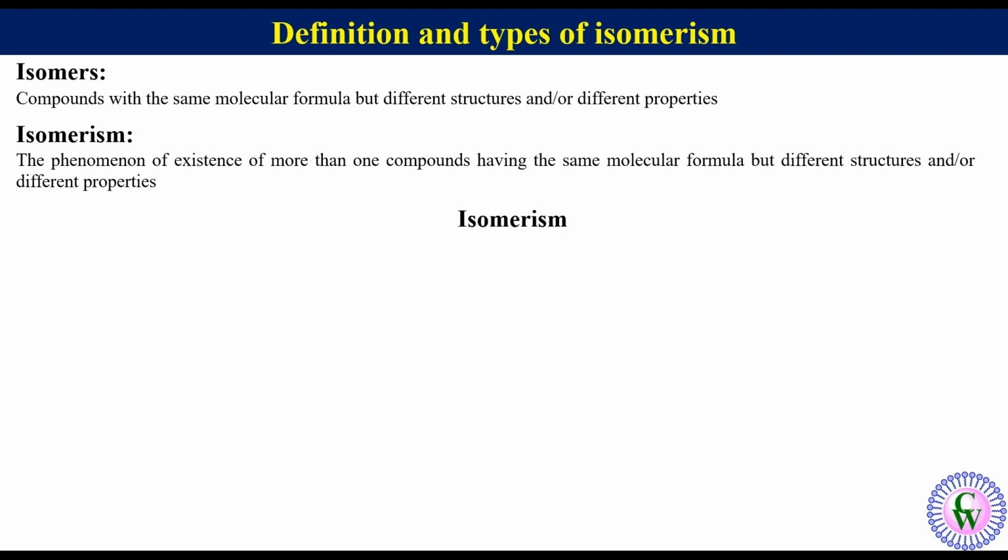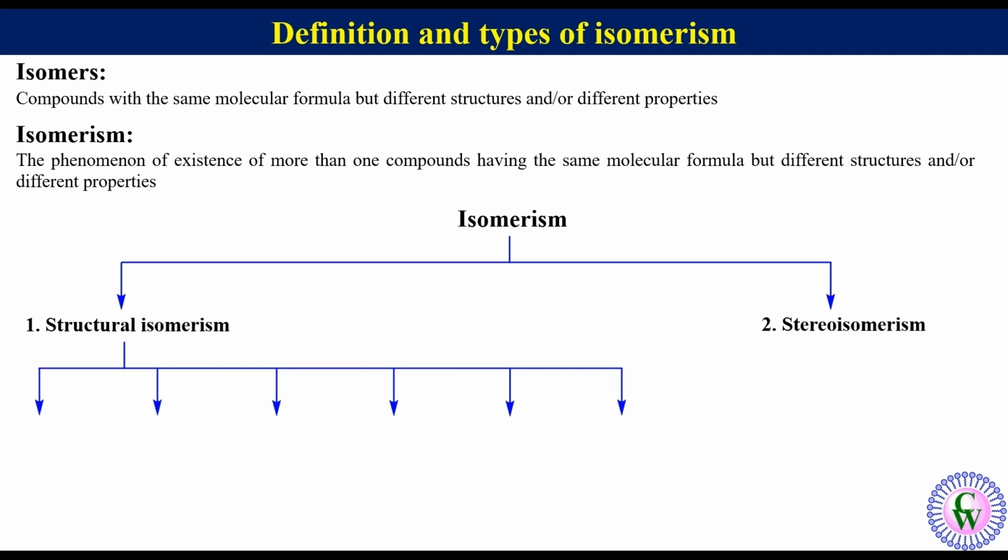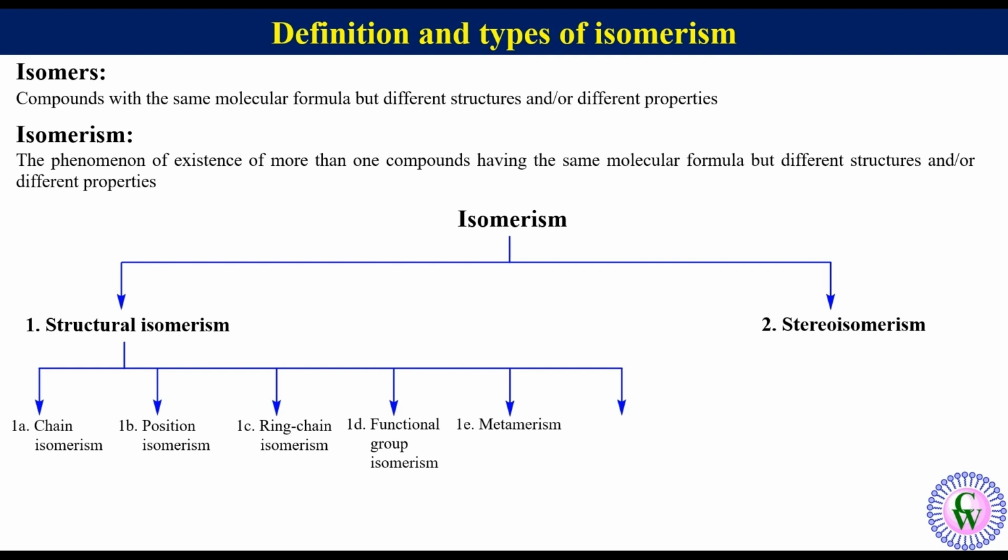Isomerism is of two main types: structural isomerism, also called constitutional isomerism, and stereoisomerism. Structural isomerism is further divided into 6 different subtypes: chain isomerism, position isomerism, ring chain isomerism, functional group isomerism, metamerism, and tautomerism.